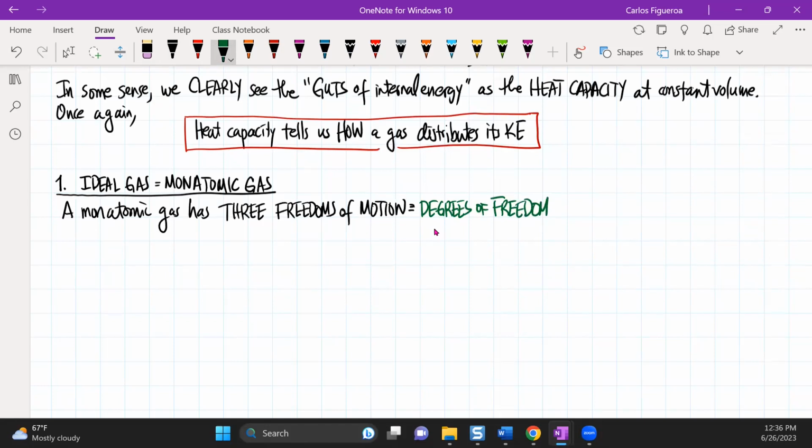A lot of textbooks use F as the number of degrees of freedom. I learned DOF. So the freedoms of motion is called the degrees of freedom, abbreviated DOF.